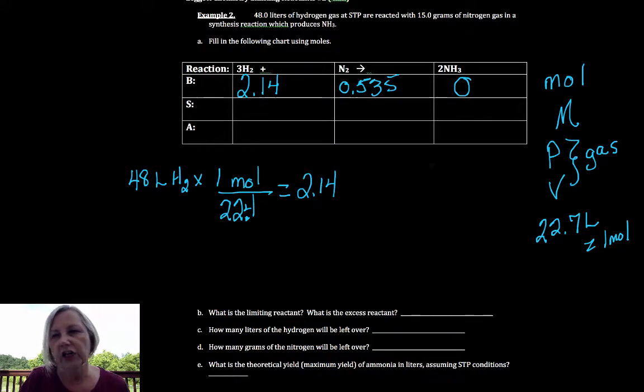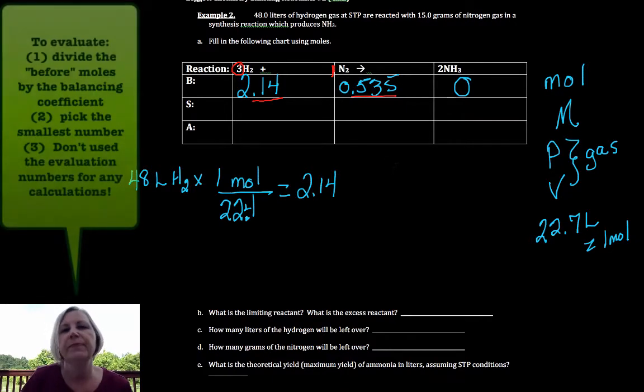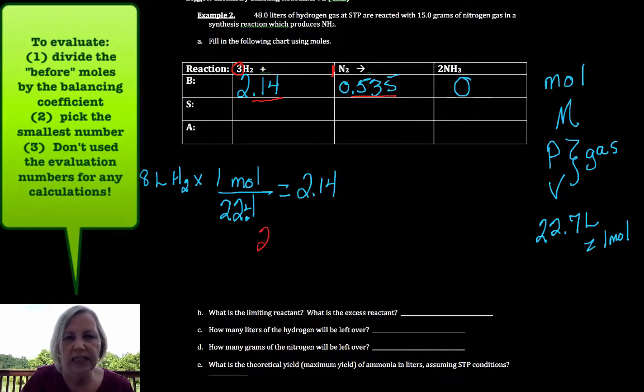Now, the key here is to determine which one is limiting. So to do that, we're going to compare what we have available to the 3-to-1 ratio that is needed for the reaction. So I'm going to take this 2.14 and divide it by 3, what I have over what I need.